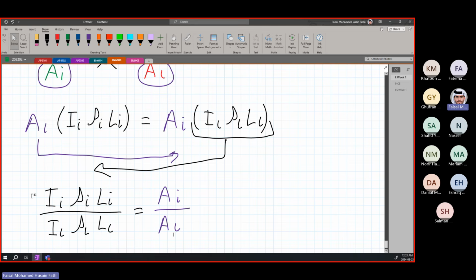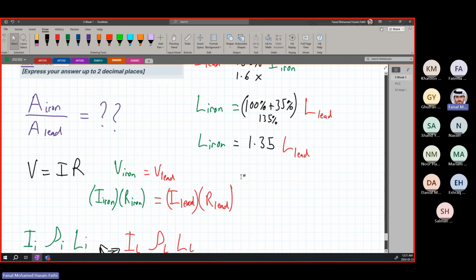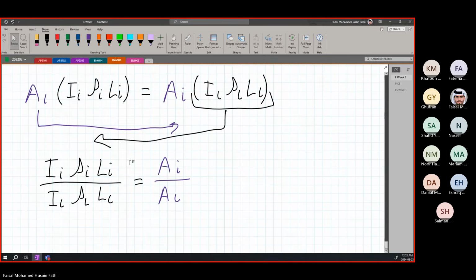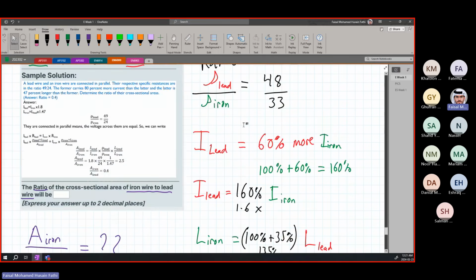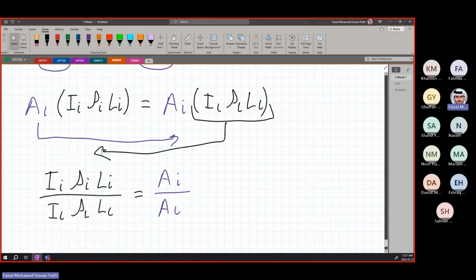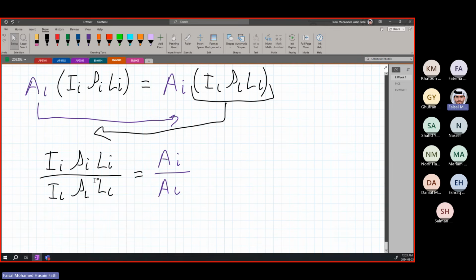And now we just substitute for whatever we have ratios of, so we can cancel the constants. What do we know? First of all, we know that the rho of lead over iron is equal to 48 over 33. Another way of writing this: at the bottom we have rho lead, rho iron, and here we have rho iron over rho lead.